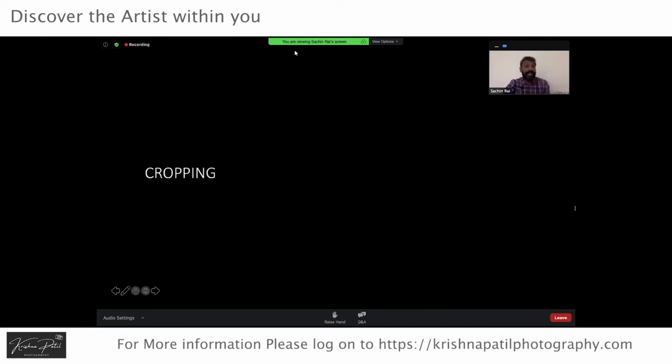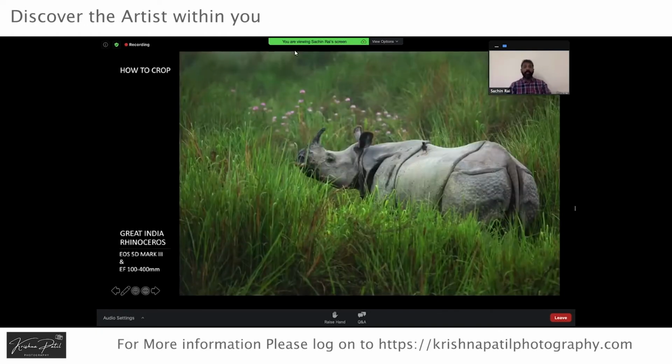Cropping, when I say cropping, I mean composing in the field. How do you compose? How do you crop? Now with a 100-400 mm lens, I ensure that you zoom out and you take the entire animal in so that you don't chop off the legs of the animal, even if you can't see the animal's legs. In this case, the great one-horned rhinoceros, Kaziranga. If you notice, the legs are behind the grass, which means the leg will probably end somewhere here.